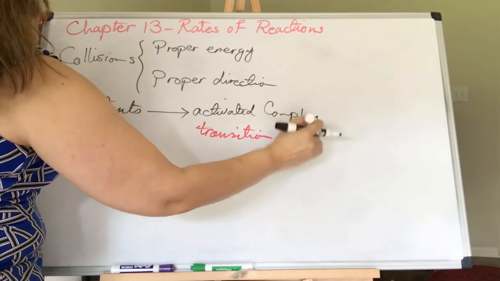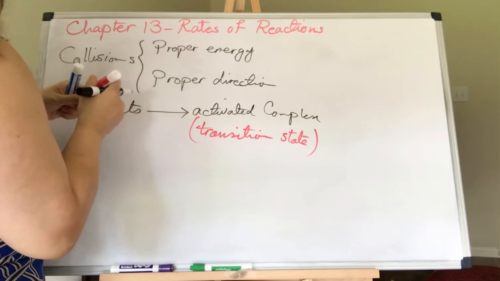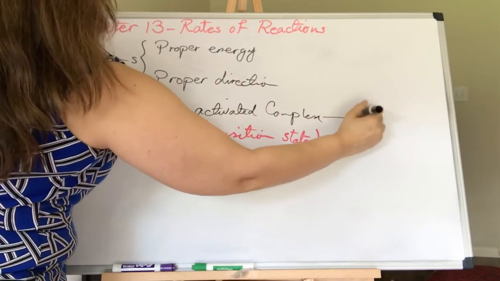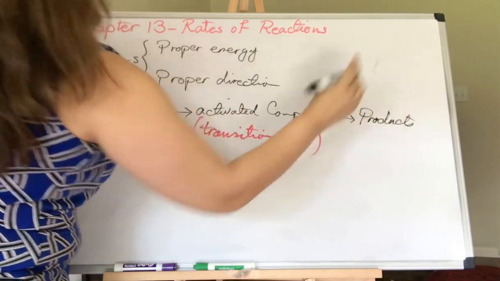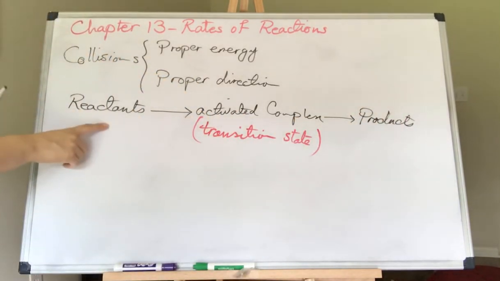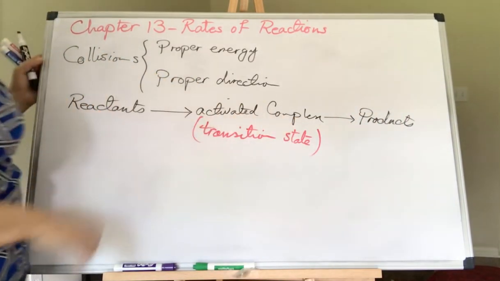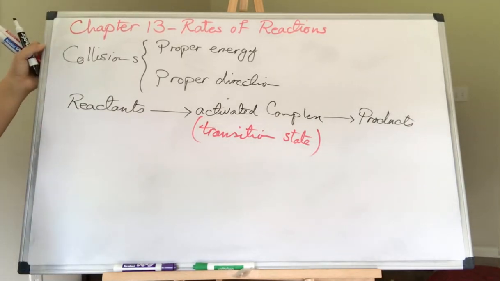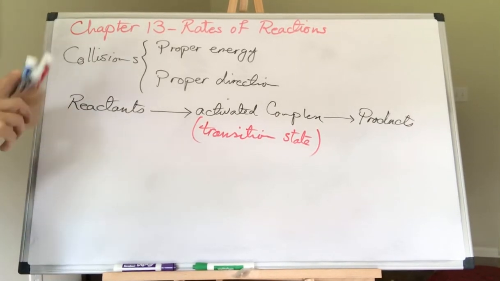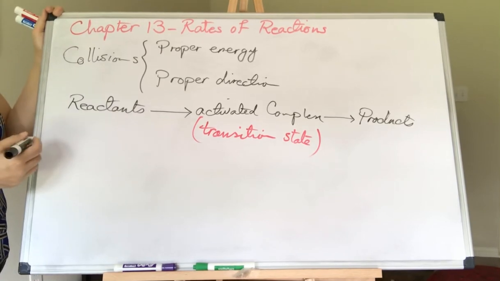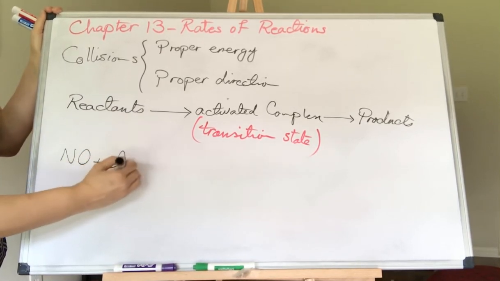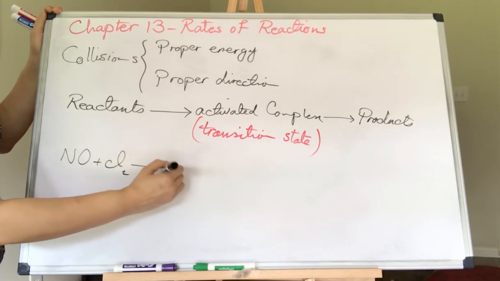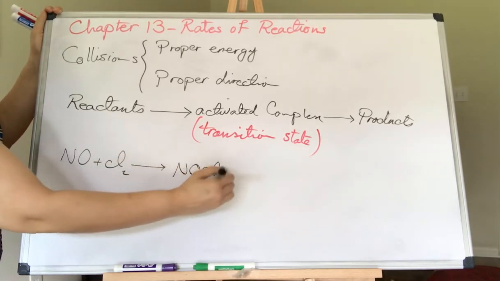It's a transition between the reactants and the products. The theory says that the reactants first change to an activated complex, which is a transition state, and then they change to the products. The example is NO plus Cl2, which gives NOCl plus Cl.